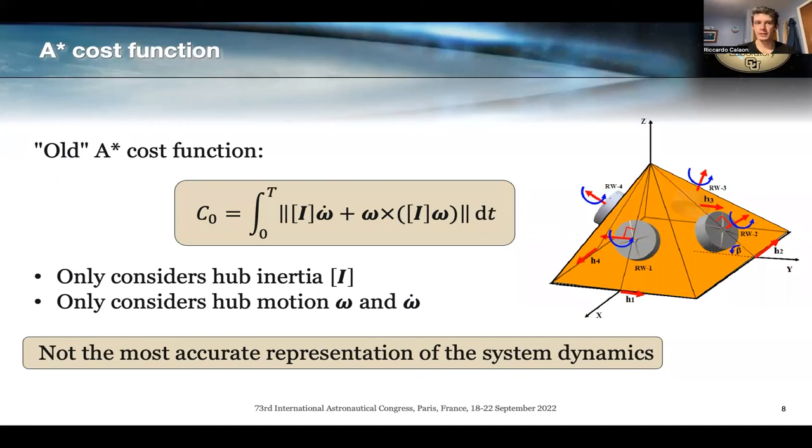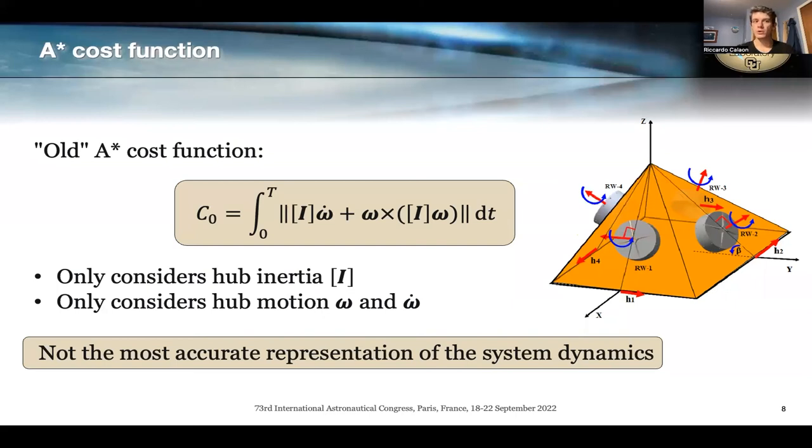We can see here that the controlled torque is defined simply using Euler's equation. So this is not actually the most accurate representation of the torque required to actuate the spacecraft. This is because this equation does not account for the fact that spacecraft are often actuated using reaction wheels.